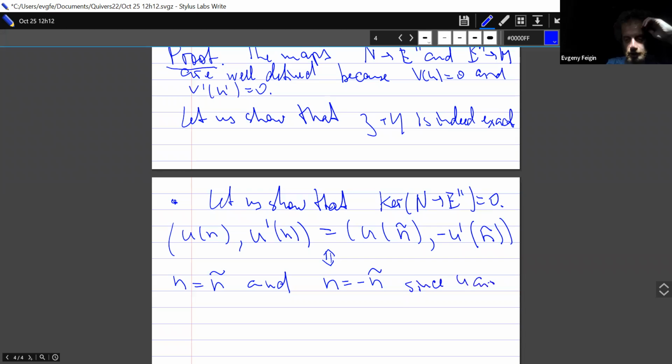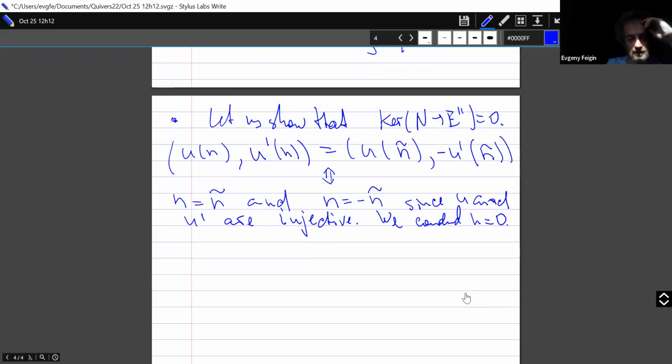Yes, since u and u prime are both injective. So we conclude n equals 0. Okay, so this is the first thing to prove.